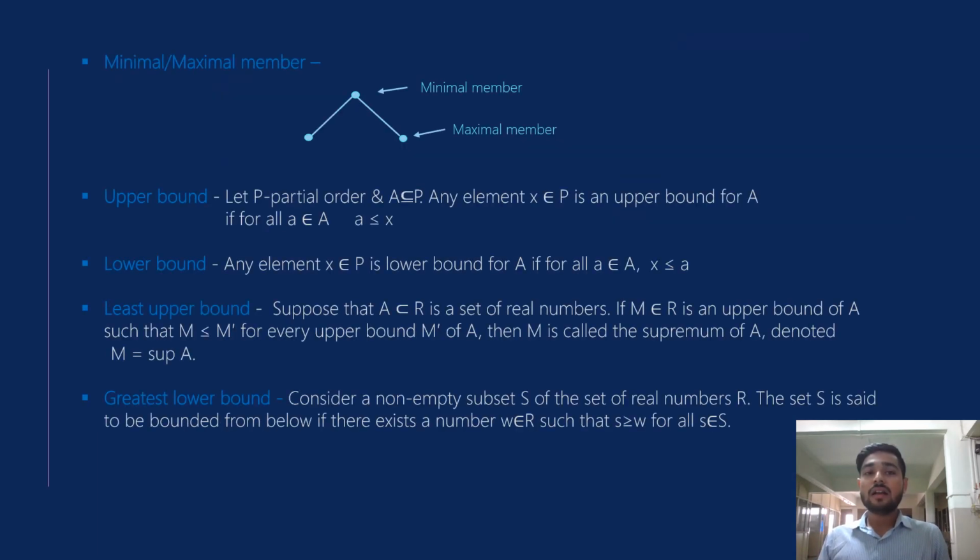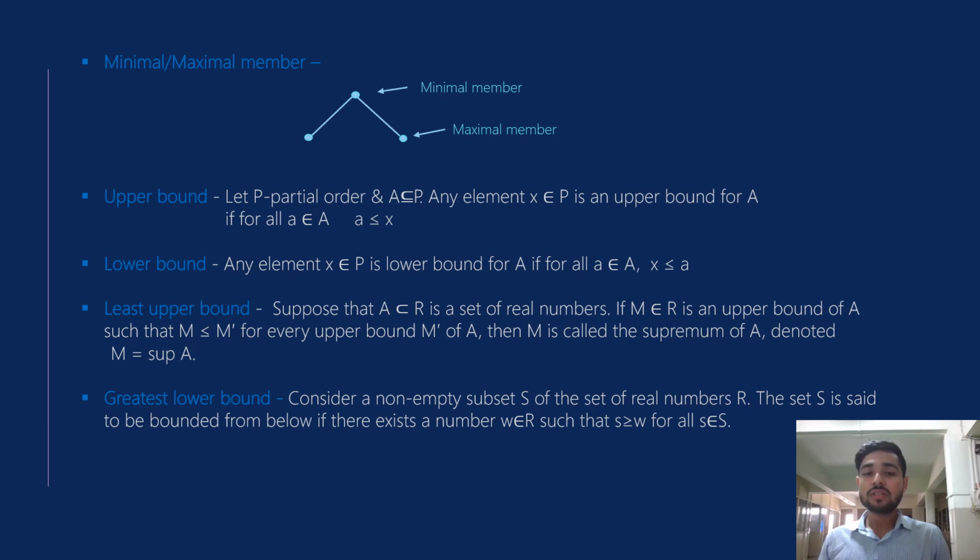Some terminologies: the minimal and maximal member, the upper bound. Let P be a poset and a belonging to the P; any element x belonging to the P is an upper bound for a. Lower bound: an element x belonging to P is a lower bound for a.